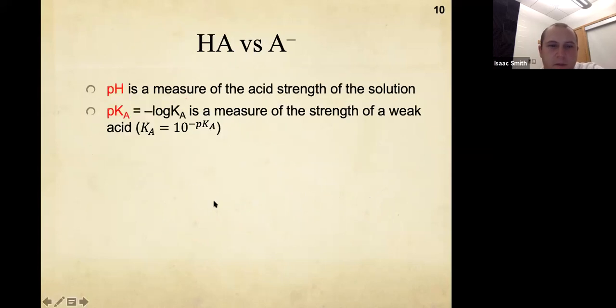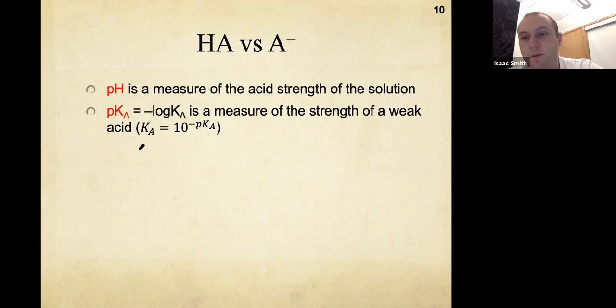So moving on, let's talk about this and then we'll see how to predict these. We've talked before about how pH is a measure of the acid strength of a solution, right? pH really just tells us the concentration of hydronium ions in a certain solution. pKa is a measure of the strength of a weak acid. So if a pKa is large, then the acid is stronger.